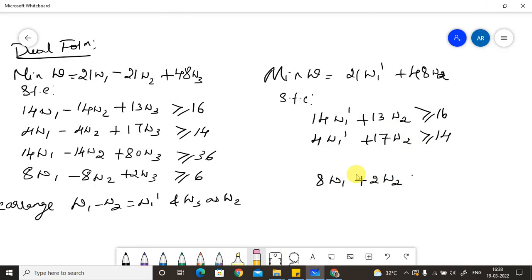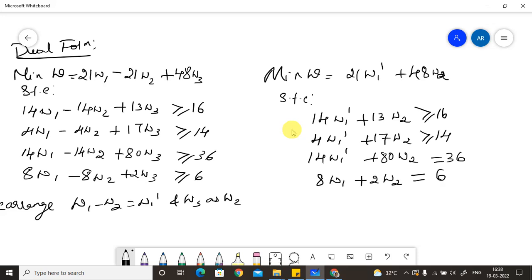I will rewrite this entire equation as 14w1 dash plus 80w2 equal to 36, because the third and fourth constraints should be equalities. And finally 8w1 dash plus 2w2 equal to 6.